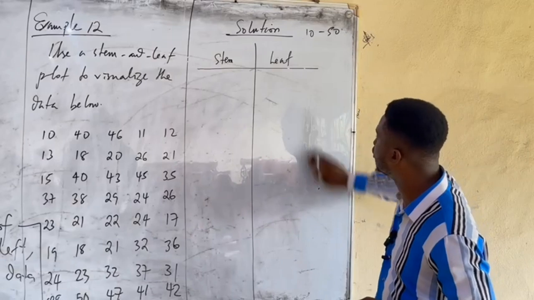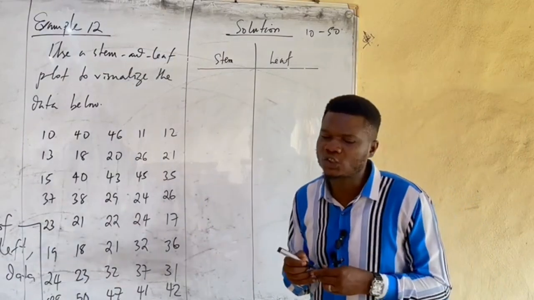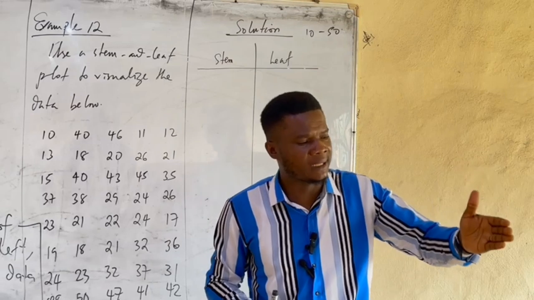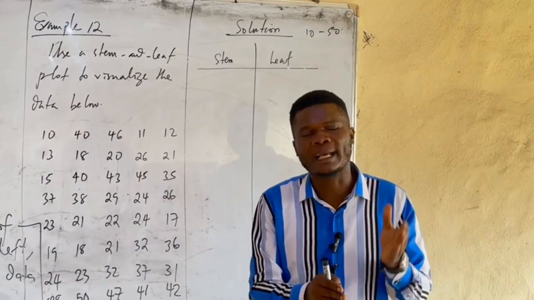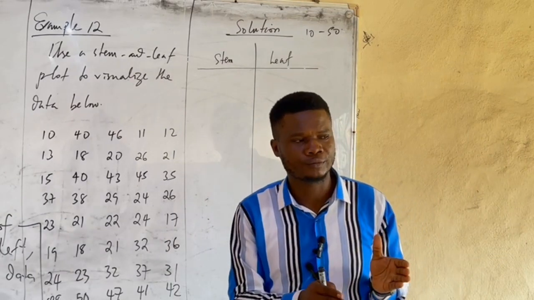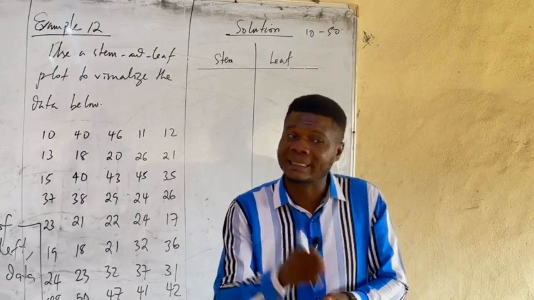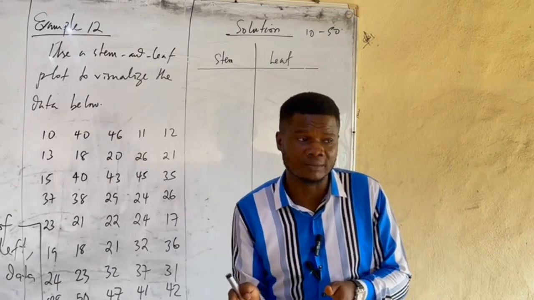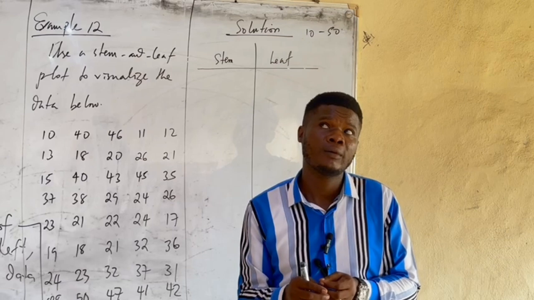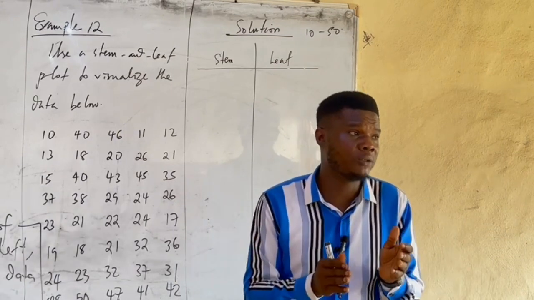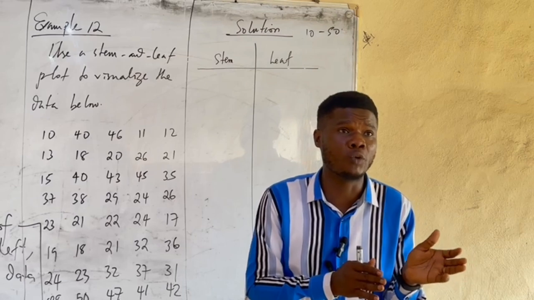So numbers from 10 to 14 will be categorized as low. So we have 10 low and 10 high. Any number in the tens but greater than 14 we will call high.